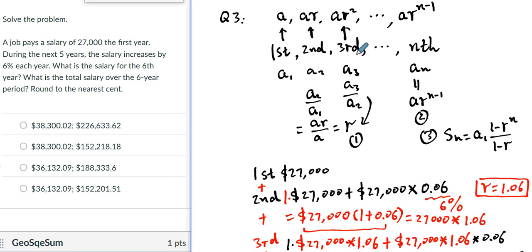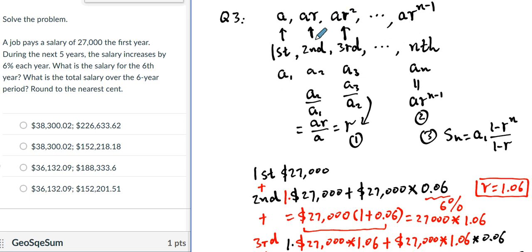Then the third term will be the first term times the common ratio squared. That means here the exponent is 2, the index is 3. So the exponent is always 1 less than the index.